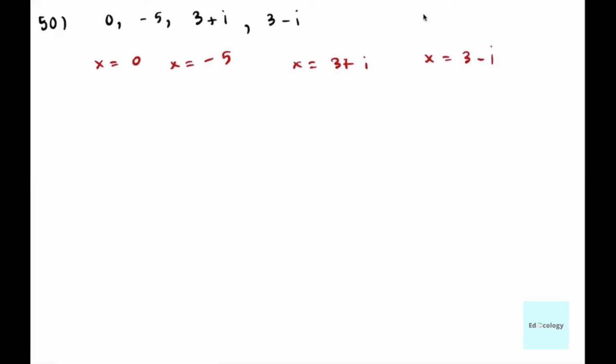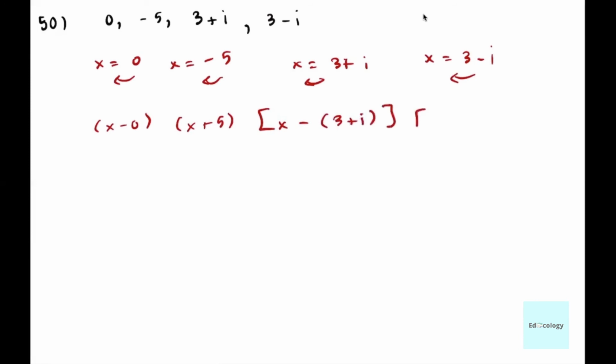And then you take each one to the other side, and you will get x minus 0, x plus 5, and then x minus 3 plus i, and x minus 3 minus i.